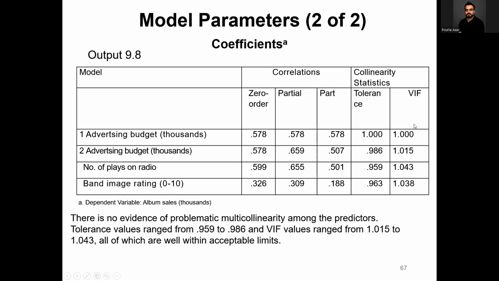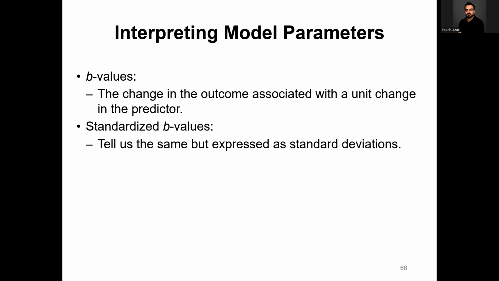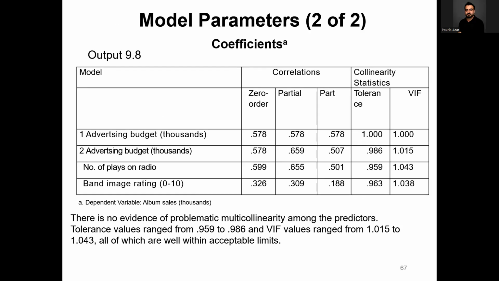And the VIF values are within the acceptable limits. These are close to one. So there is no evidence of any issues with multicollinearity.